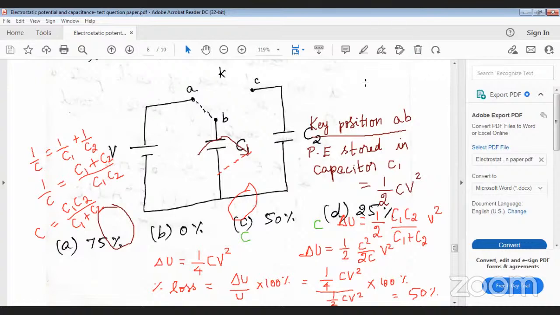So let me discuss question number 13. Okay, 13 now. Before that, let me clear all these drawings so that it won't be confusing to you.